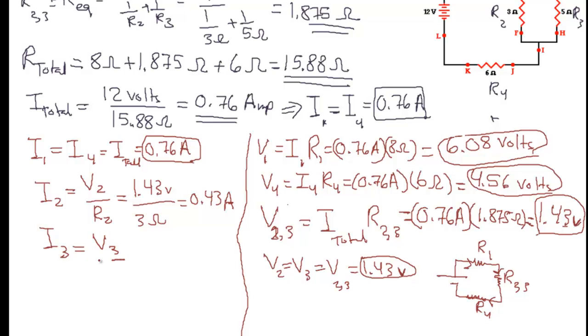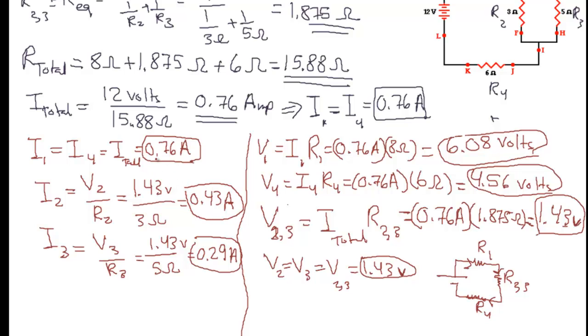It would be V3 over R3. V3 is 1.43 volts divided by R3, which is 5 ohms. And this will yield 0.29 amps.